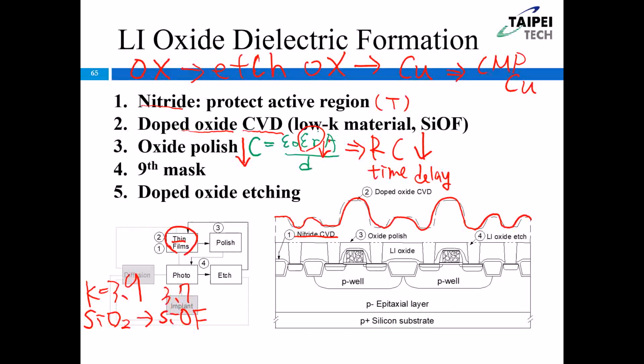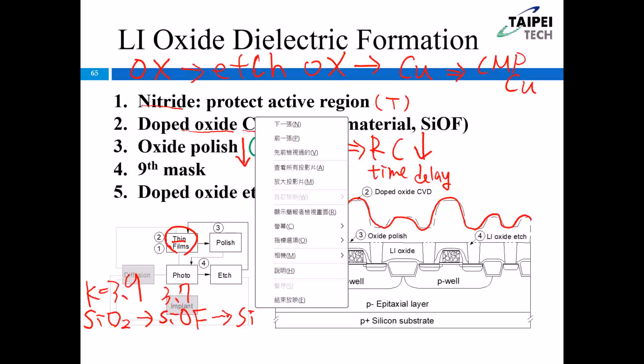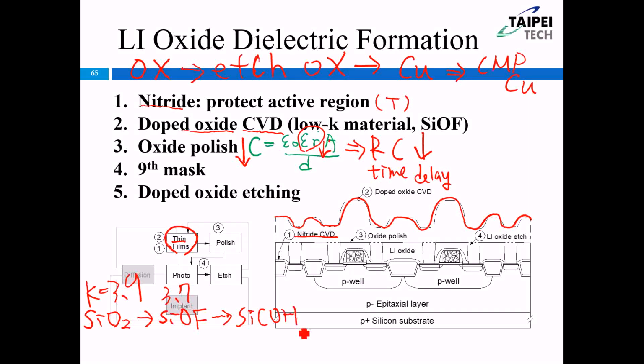Fluorine doped SiO2, okay? And then Intel, Samsung, and TSMC use the carbon doped oxide, and the dielectric constant can be further improved to around 3.